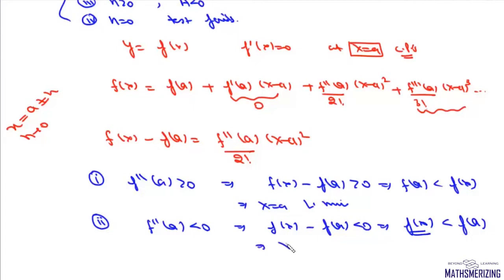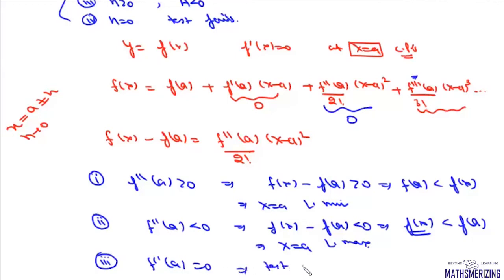So it means that this x equal to a is a point of local maxima. And if f''(a) is 0, then in that case we'll have to look for the sign of f'''(a). So that means now this second derivative test is inconclusive.